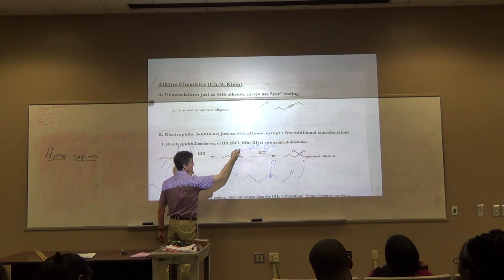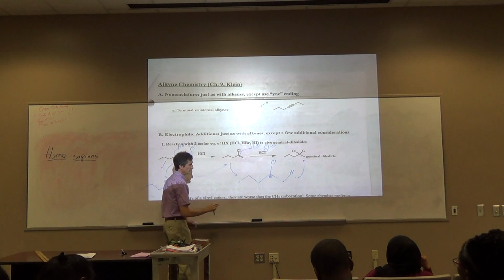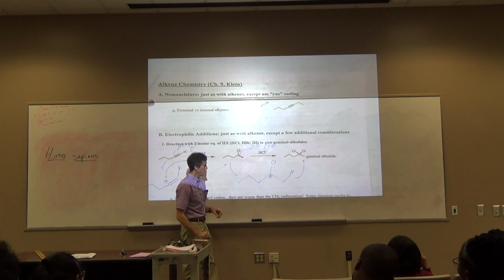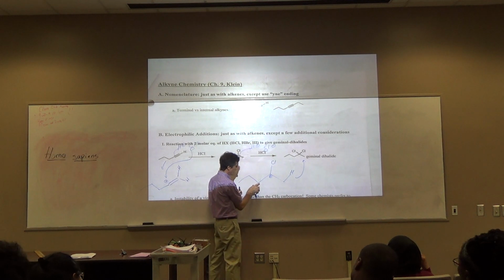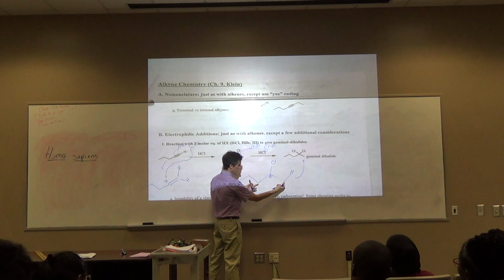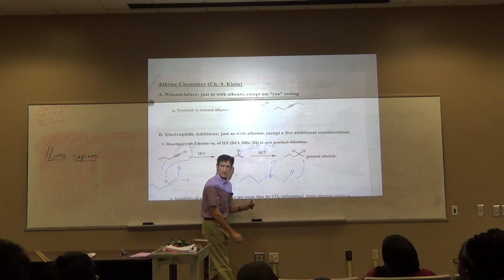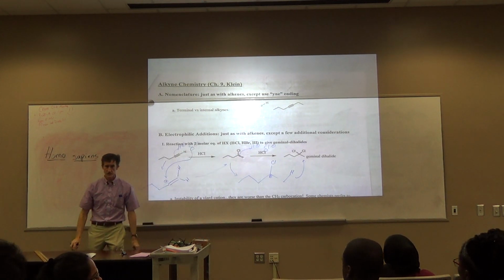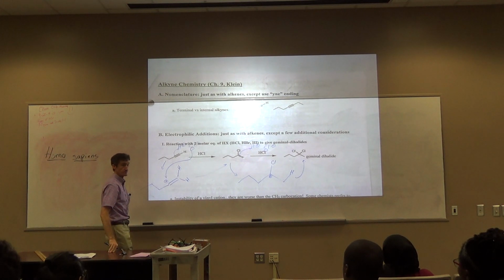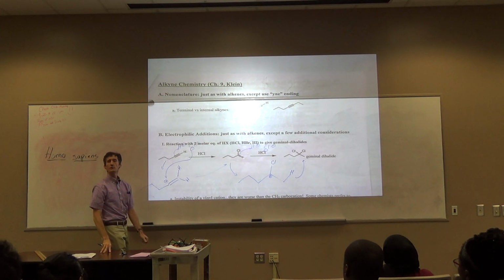Along the way, we make the halogenated alkene. The question, though, is why do we make the cation here? Well, you could say because this is secondary, right? Two carbons. If we had made the cation there, it would have been primary, not as good. There's another reason we made the cation there, though.